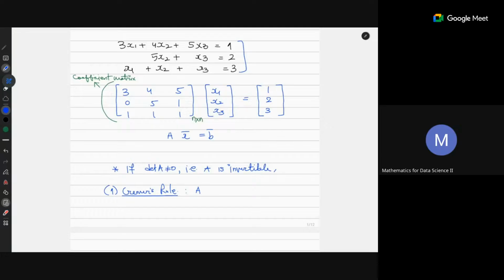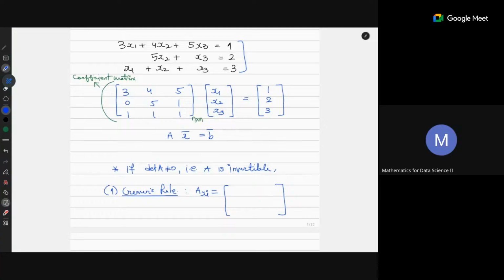Cramer's rule tells you that you need to substitute your constant column in order to define these new matrices. So we define A_Xi by replacing the ith column with the constant column.